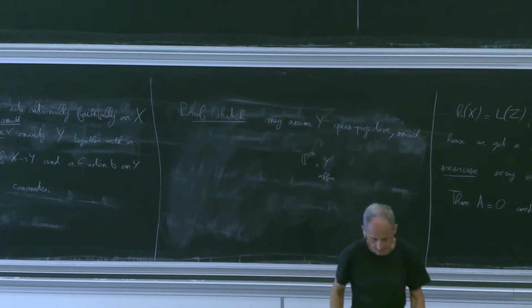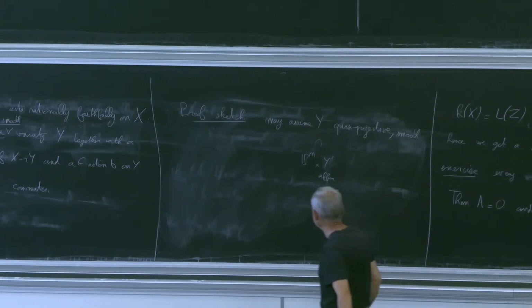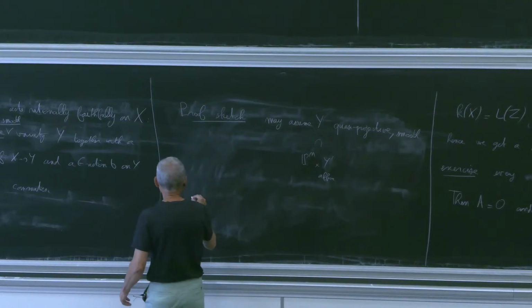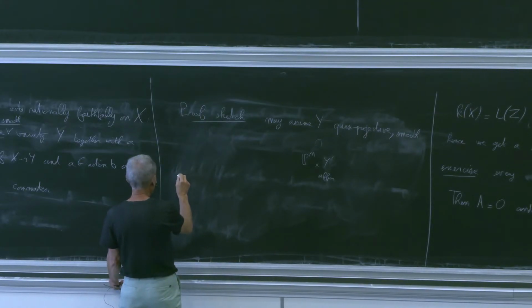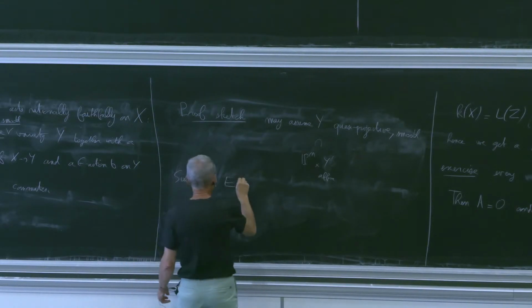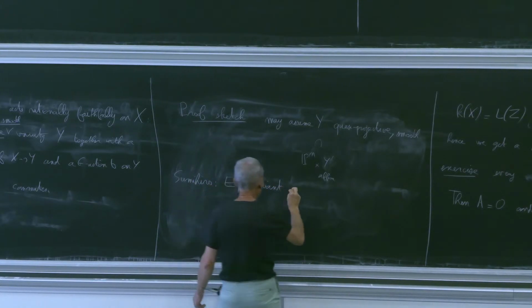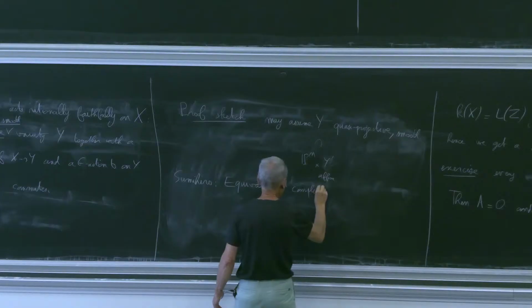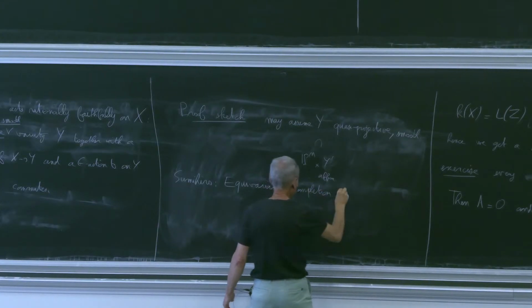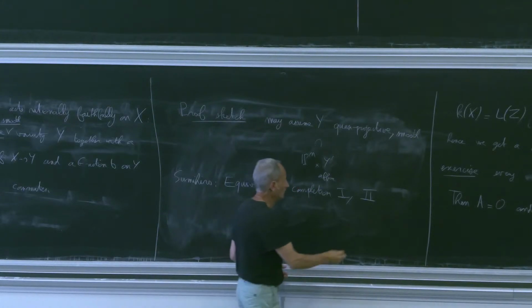And then in the mathematical literature, there are two papers by a Japanese mathematician called Sumihiro, which are called equivariant completion. They are not new.